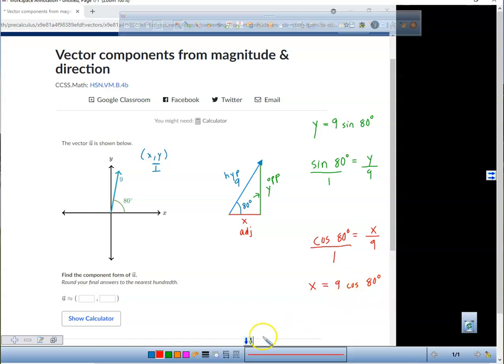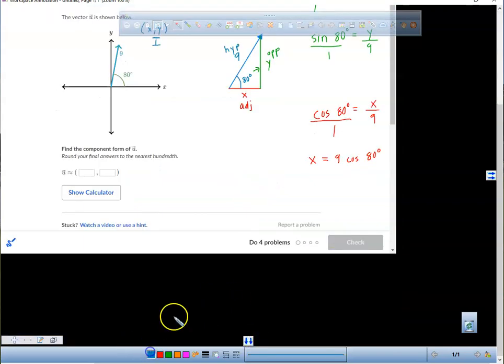So here's the shortcut that I would like you guys to write down for the first quadrant, okay? If you have the first quadrant and you want to know your x component, take your magnitude and multiply it by the cosine of whatever theta is.